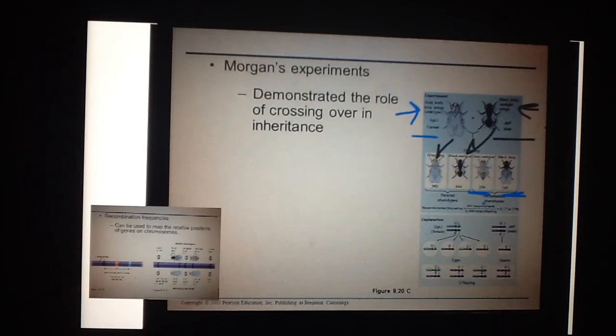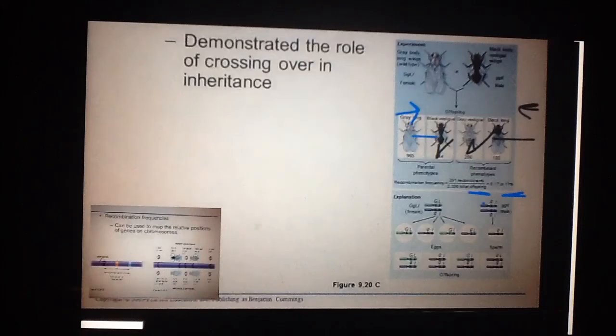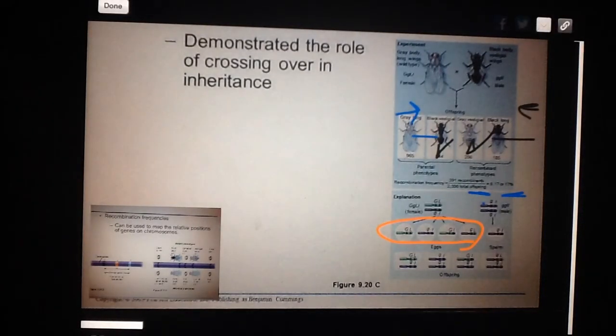Well, by looking further at the process, he noticed that the female had 2 alleles, and they were crossing when she was producing her gametes, her eggs.